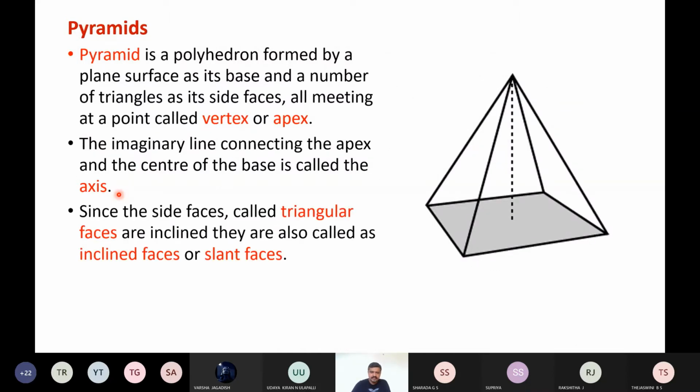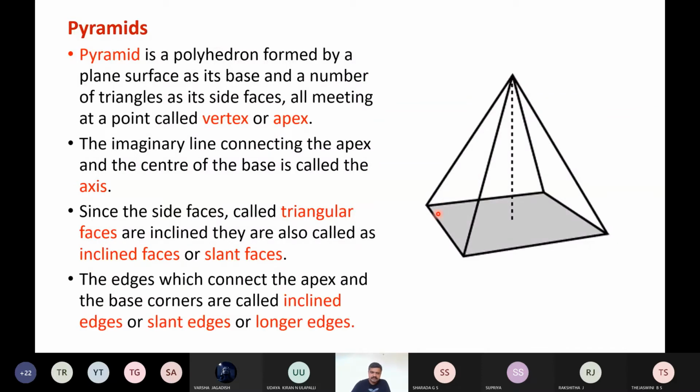Since the side faces, called triangular faces, are inclined, they are also called inclined faces or slant faces. Face means it is a triangular lamina. Edge means it is only a line. So this line is slanted, whereas this triangle is the slant face.